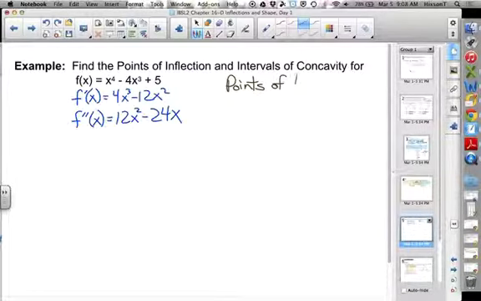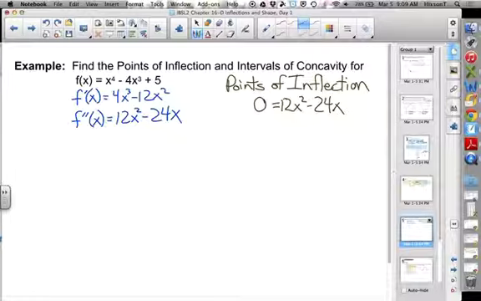We can factor out a 12x, you get x minus 2, so it's when x is 0 or 2.